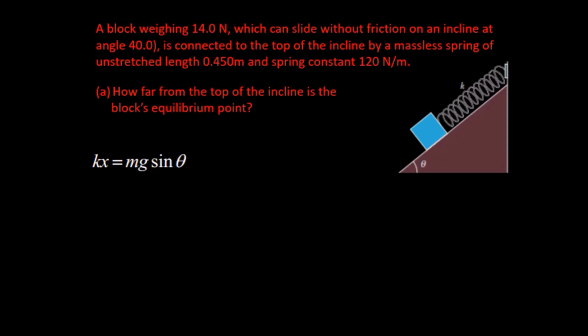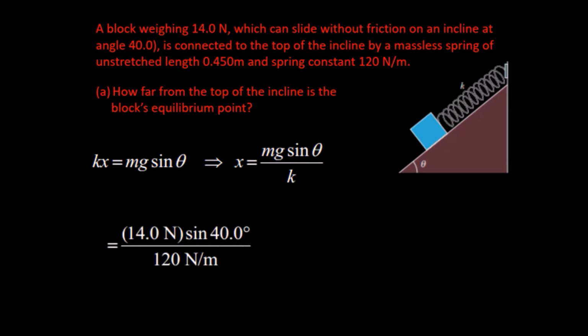If we want to find out how far from the top of the incline the block's equilibrium point will be if it's hanging down the slope based on the spring holding it in place, then x will be mg sine theta over k. Substituting in, we have our 14 newtons, our angle of 40 degrees, and we have our k of 120 newtons per meter. That'll give us 0.075 meters.